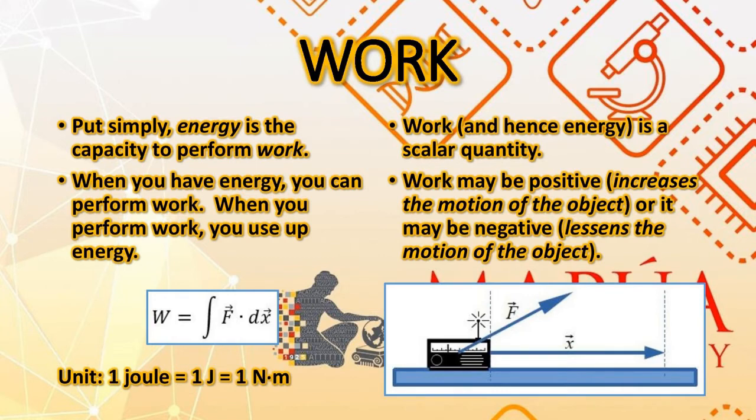Basically, the force increases the motion of the object. But if the work done by a force is negative, that means the contribution of the force to the motion of the object is negative. The force lessens the motion of the object.